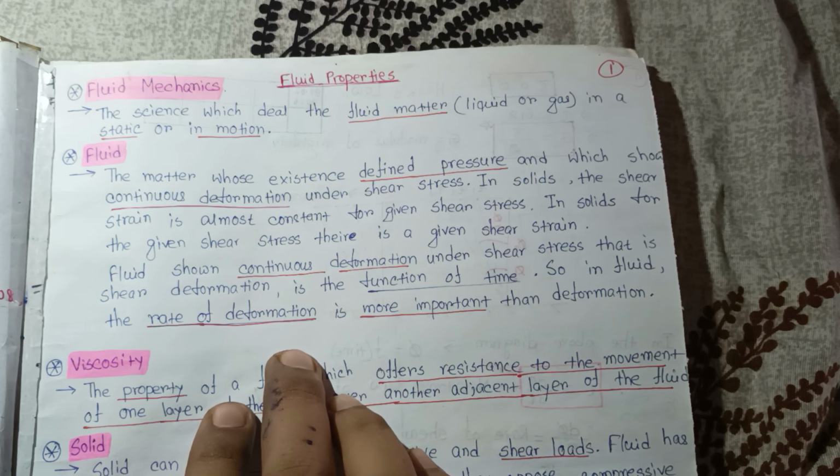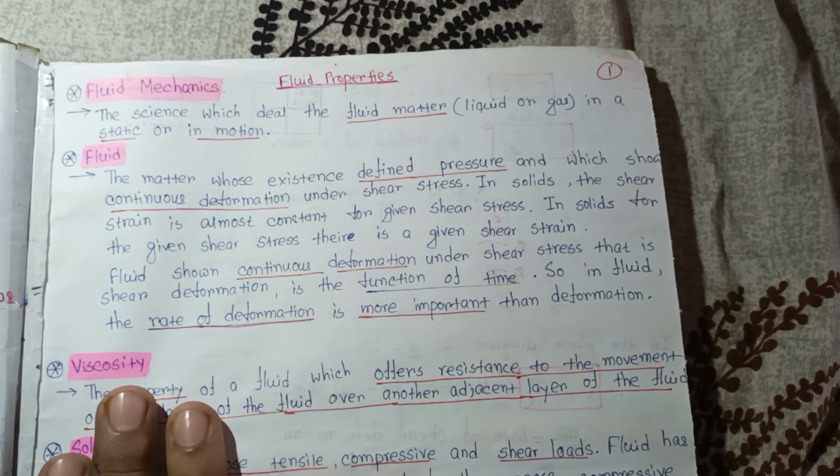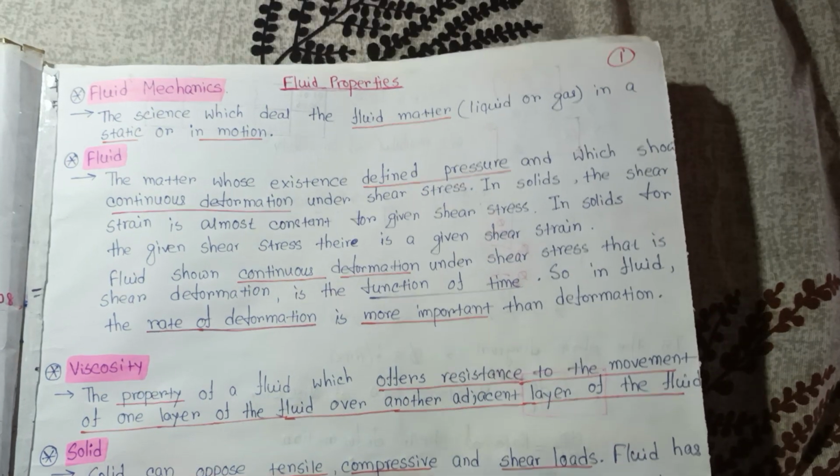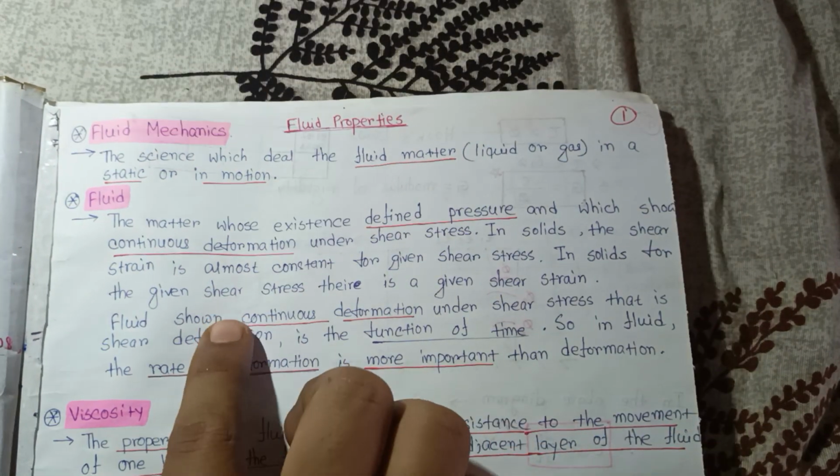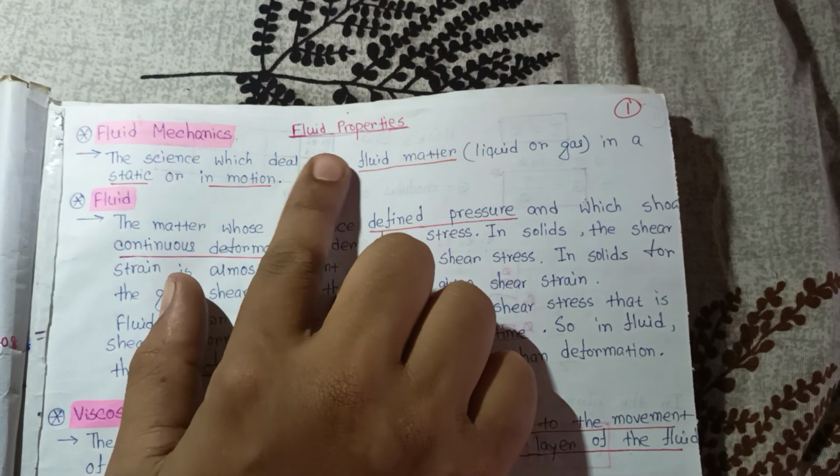Sixth, laminar pipe flow. Seventh, boundary layer theory. Next, hydrostatic forces on flat and curved surfaces. And the last chapter is dimensional analysis. So today I start the first chapter, that is fluid properties.